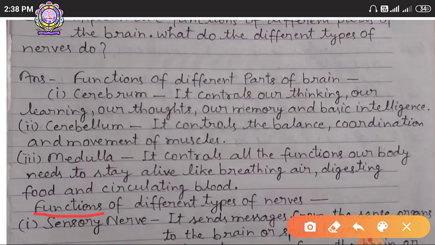Write the heading, functions of different types of nerves. Your first heading is sensory nerve.